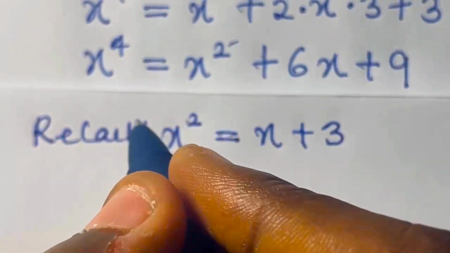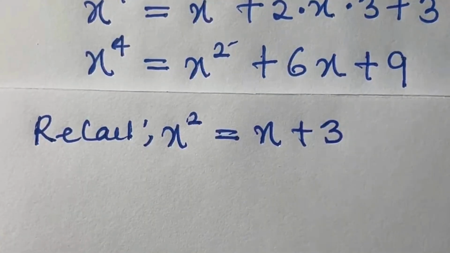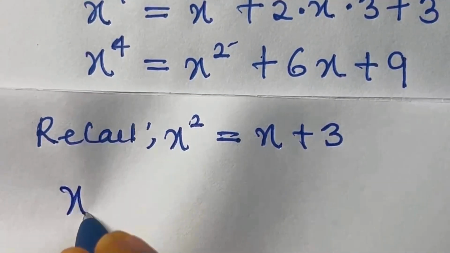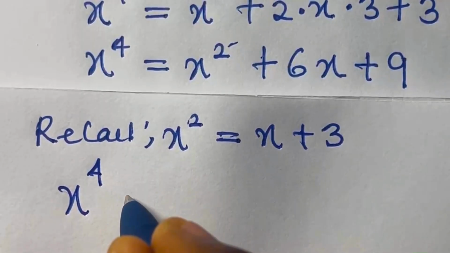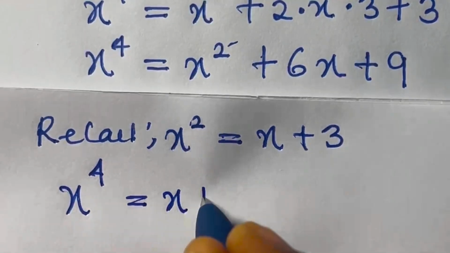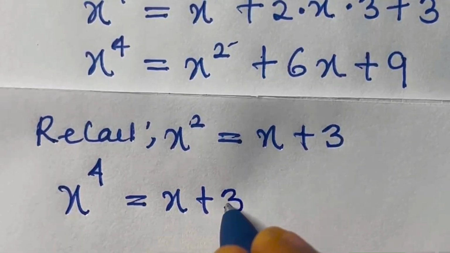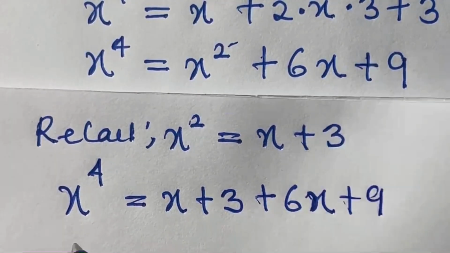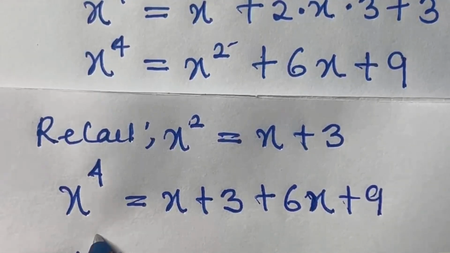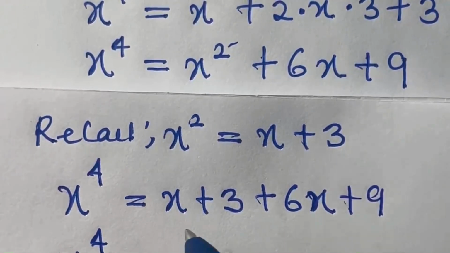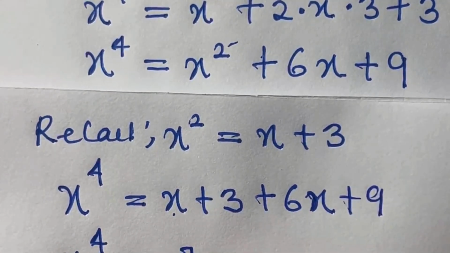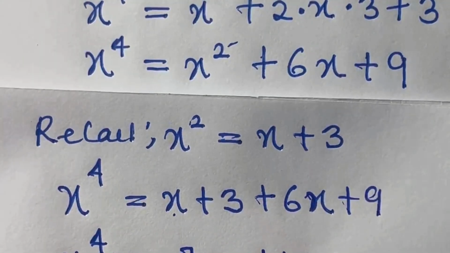So therefore x raised to power 4 equals x plus 3 plus 6x plus 9. So therefore we have x raised to power 4 equals x plus 6x, so that is 7x. Then we have 3 plus 9, that is 12, right?